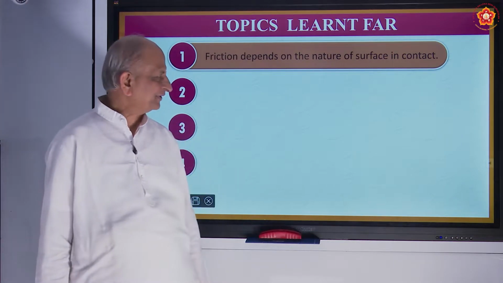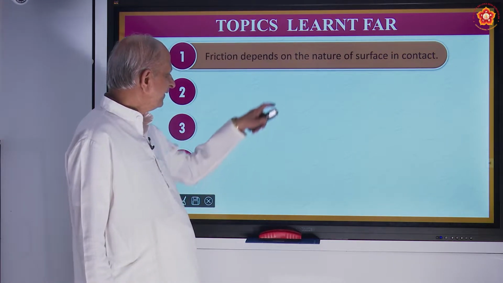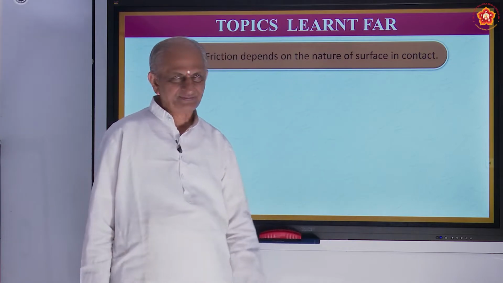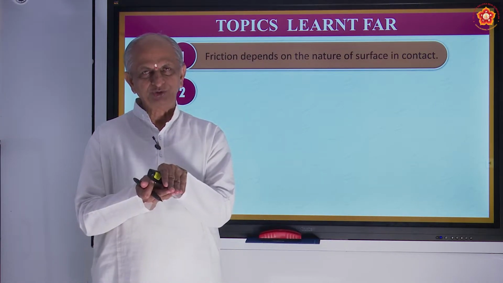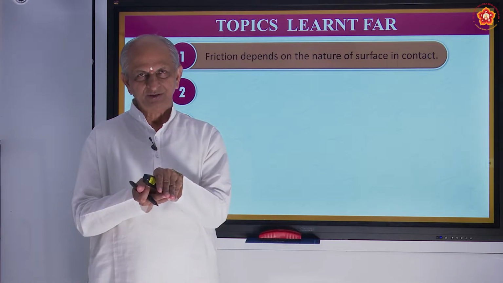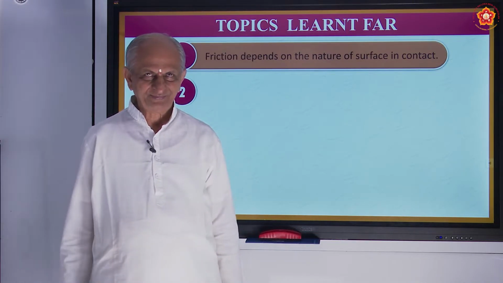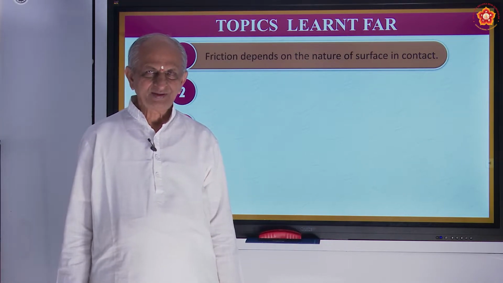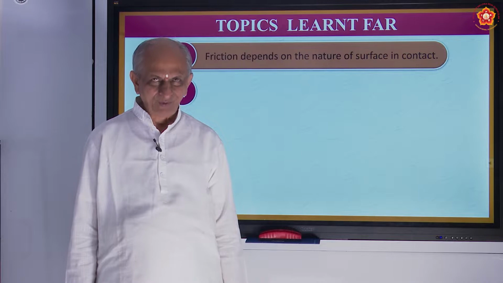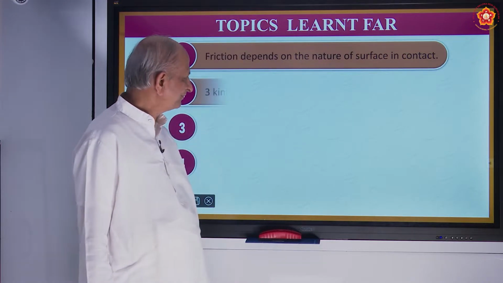So it depends on the nature of substances. If the surfaces are very smooth, the friction is less. If the surfaces are rough and tough, the friction is more, we say, correct?